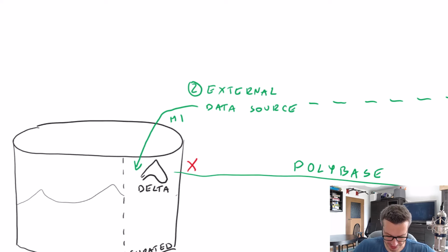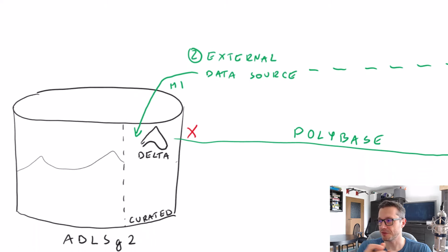Alright, so let's try to do it differently. So instead of using Delta format, let's try to go with CSV files.